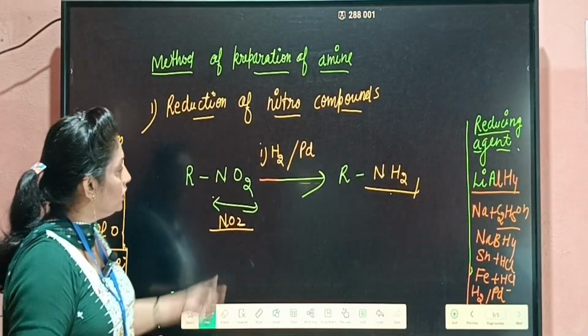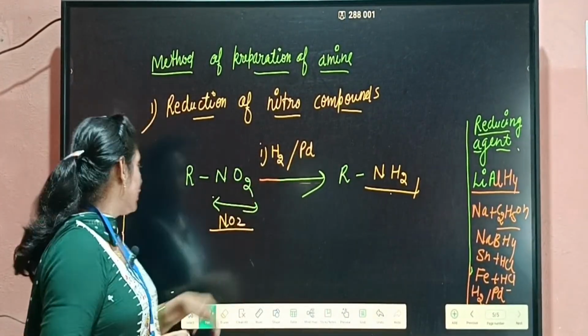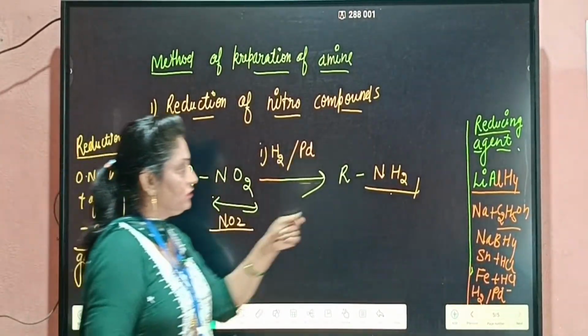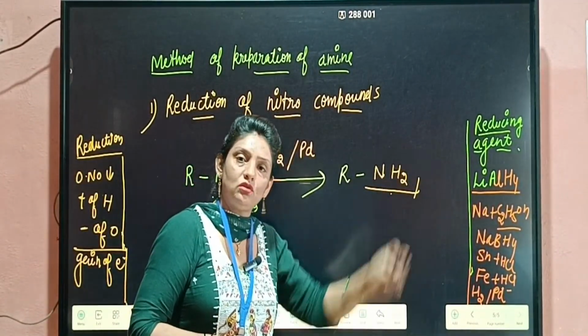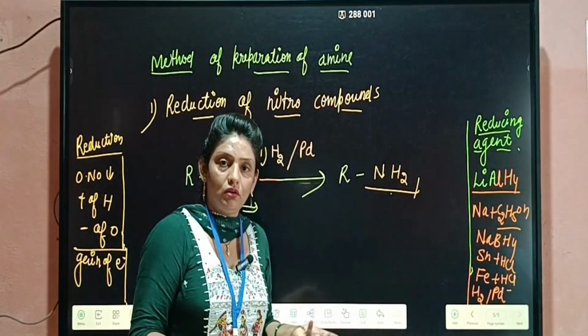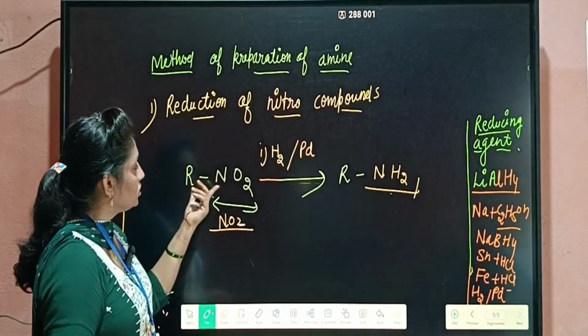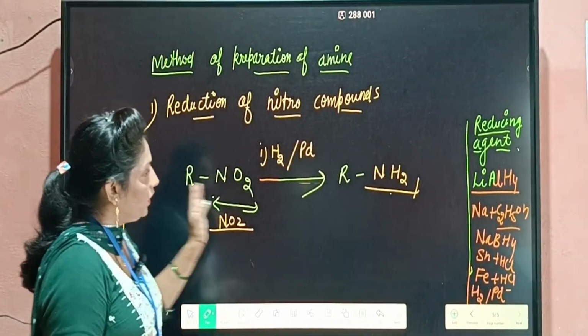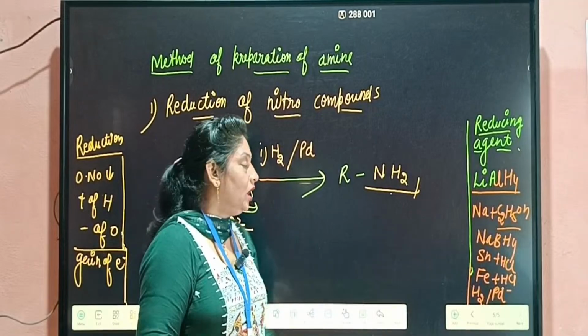Here oxygen is removed, and removal of oxygen is reduction, and in place of that you are adding hydrogen, and addition of hydrogen is also reduction. So you are doing reduction of the nitro group and you are getting amine.